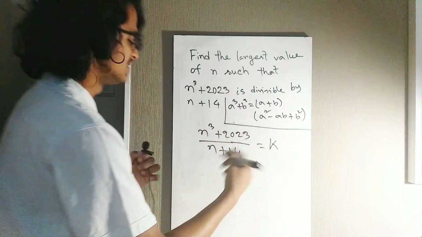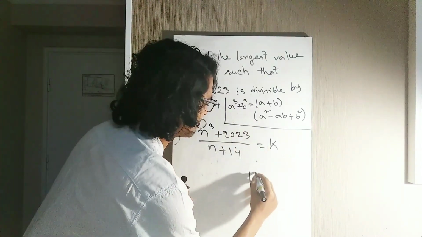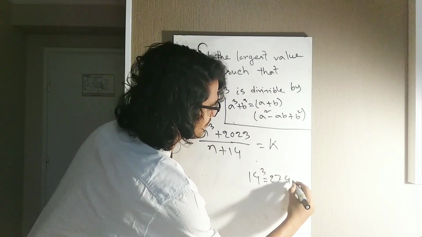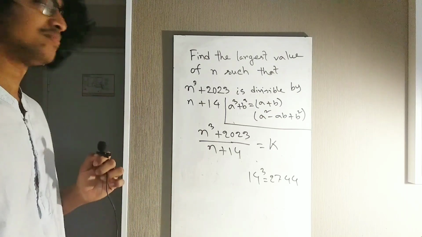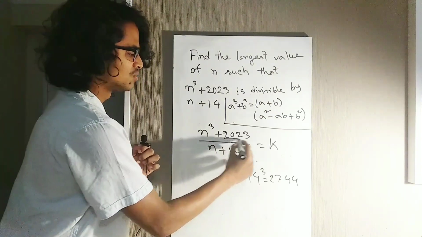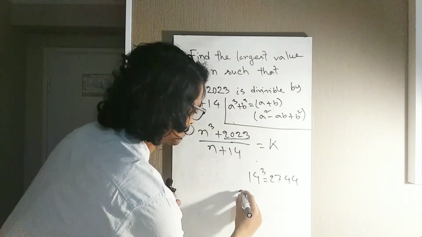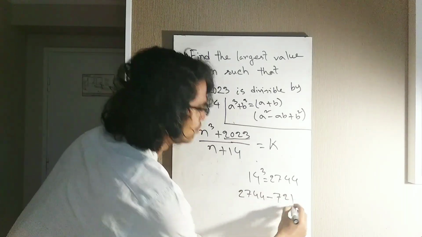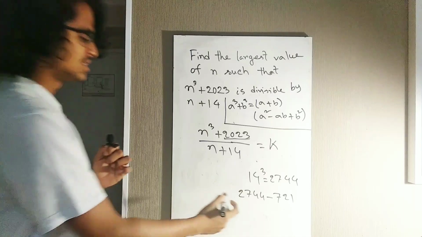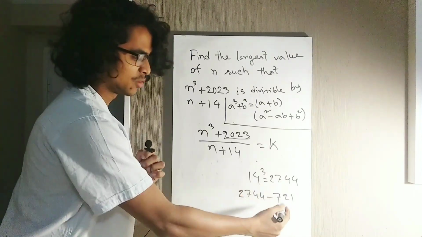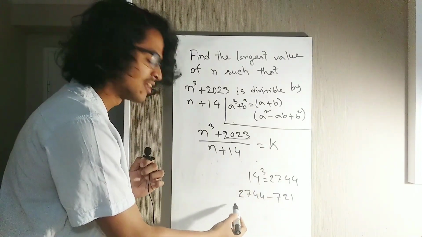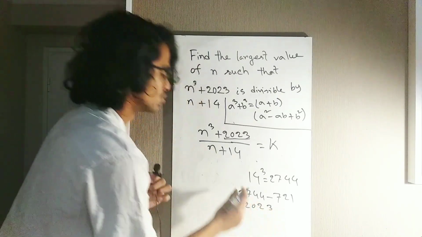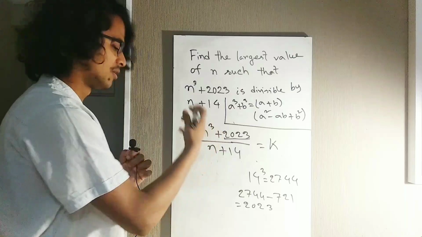So what is the cube of 14? 14 cube is actually 2744. So we can write 2023 as 2744 minus 721. If we subtract 721 from 2744, we have 2023.